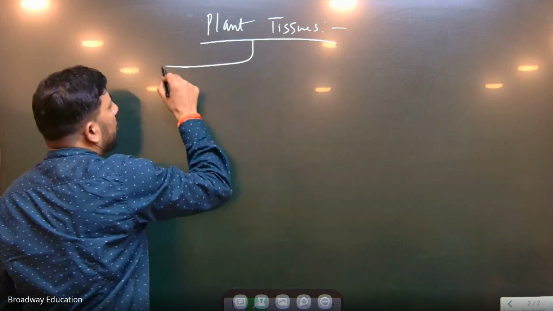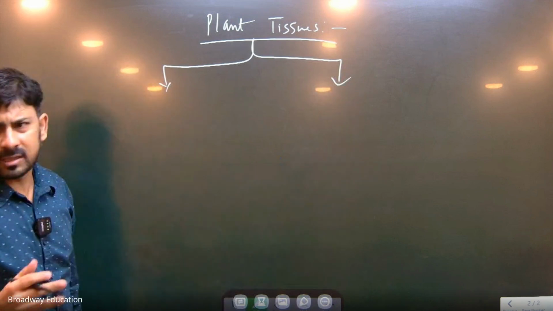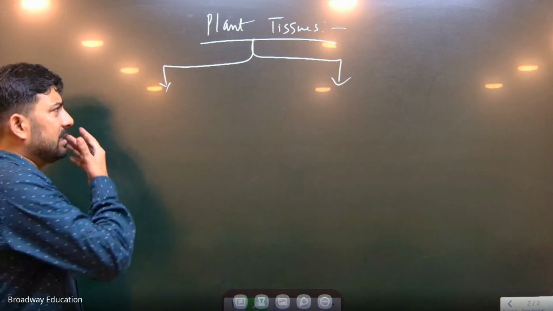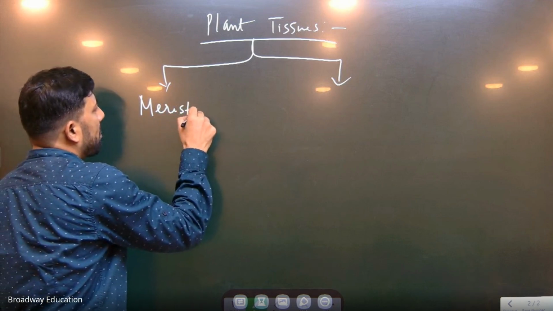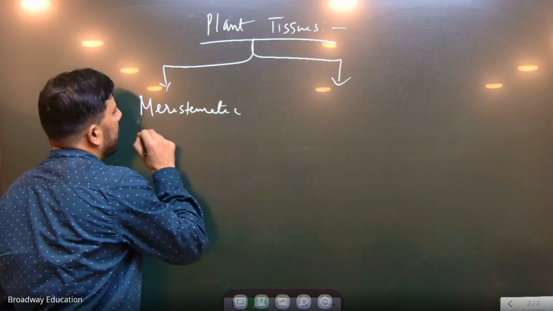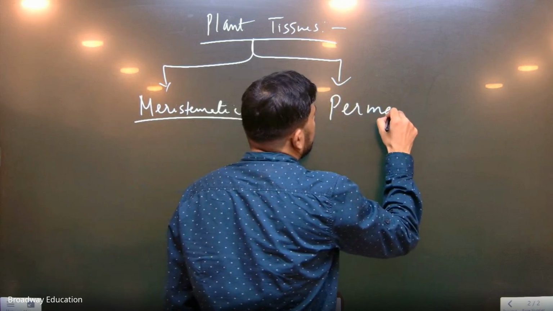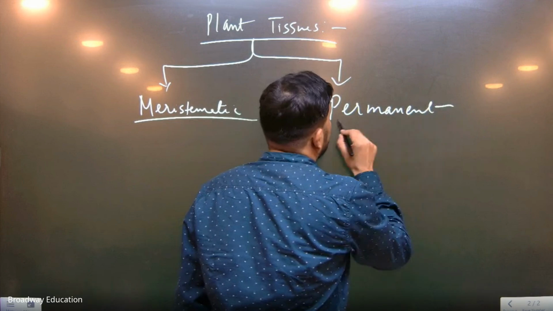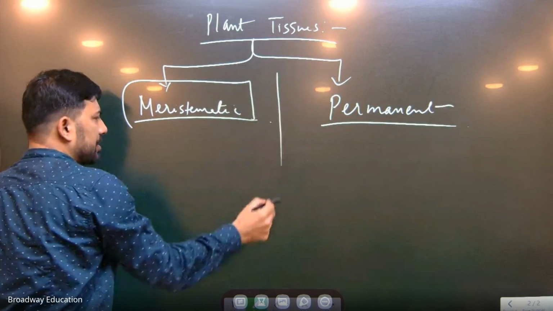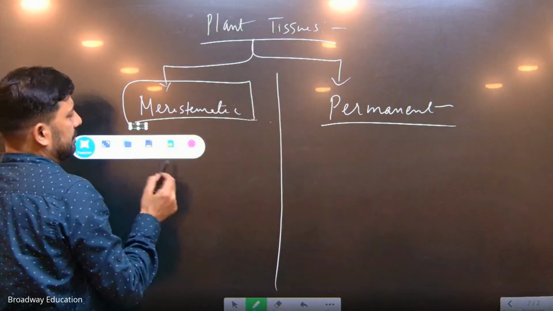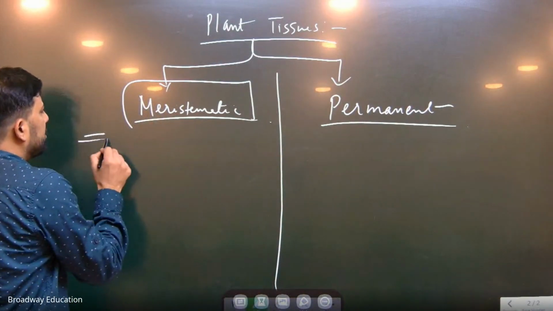So plant tissues are broadly classified into two broader subcategories. One is called meristematic tissues, and the other one is called permanent tissues. Now, if I talk about the meristematic tissues, what we discussed yesterday was the meristematic tissues.